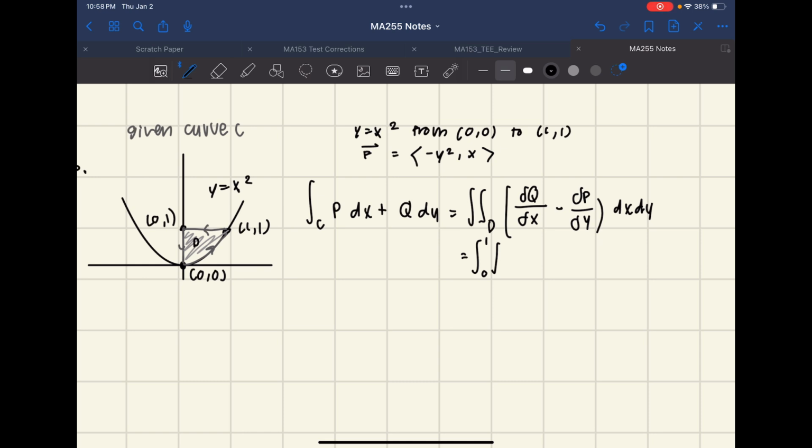For our y component, we are evaluating from here to here, so this is x squared, and this is 1.